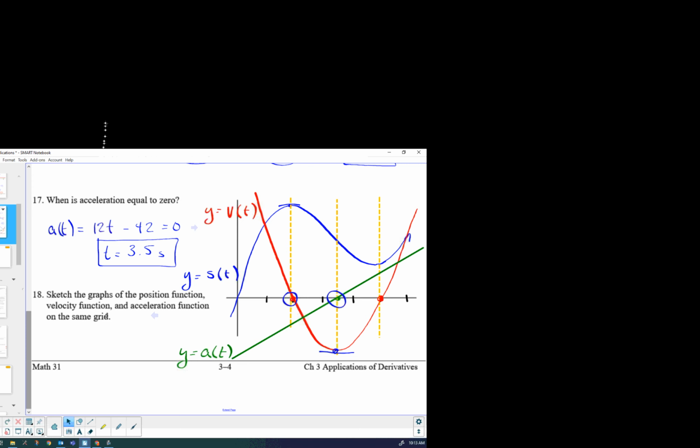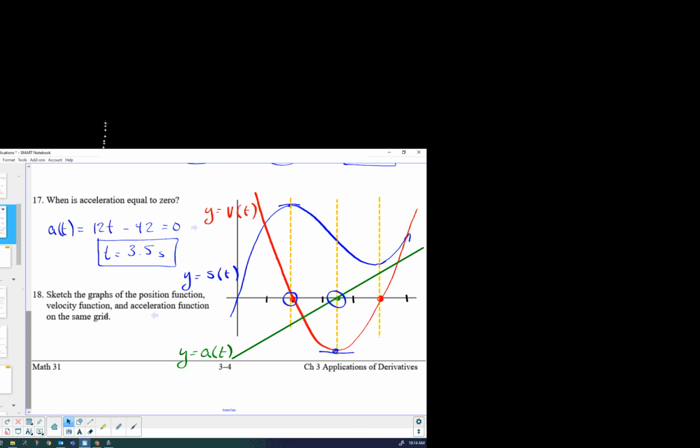Not the number, because it's negative, but the size of the slope is increasing until we reach some point here. And what happens to our point there is all the way up to 3.5 seconds, my graph is curving down. And that's because my acceleration is negative. But then where it switches to positive, my graph starts curving up.